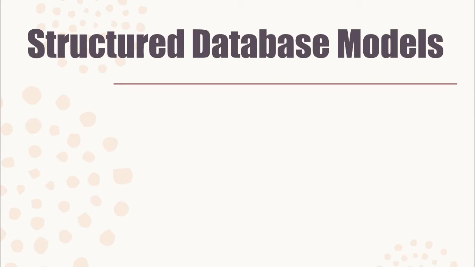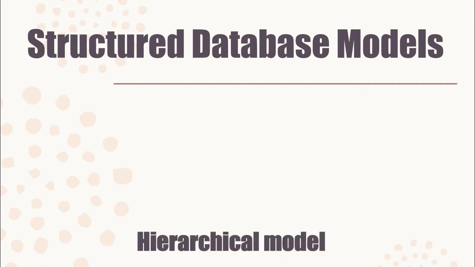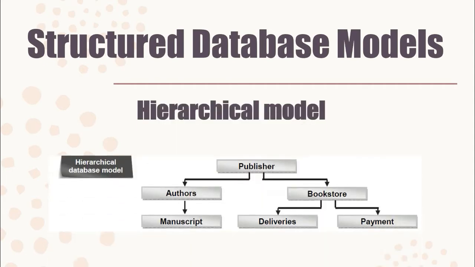Sabi nga natin, pag sinabing structured, it is a kind of data in which a record or file of information is arranged in a uniform format. So, lahat ng information natin sa structured database model ay naka-arrange daw in uniform format. Okay. The first one is the hierarchical model.